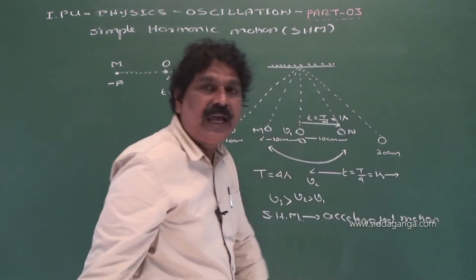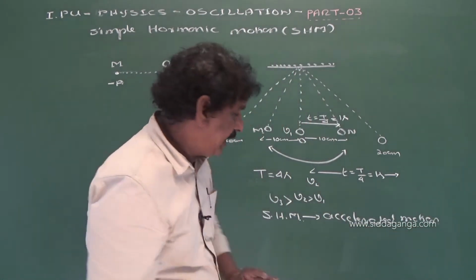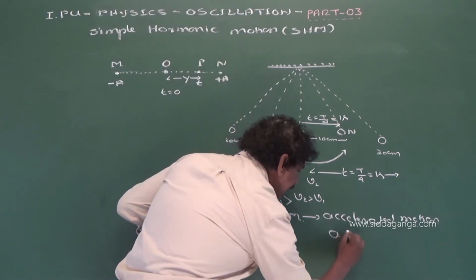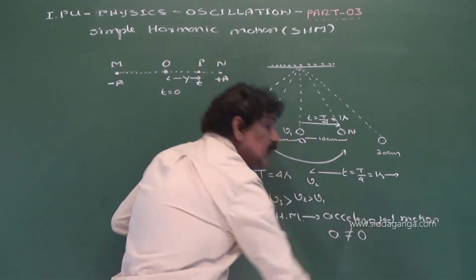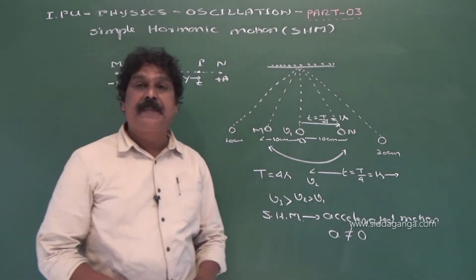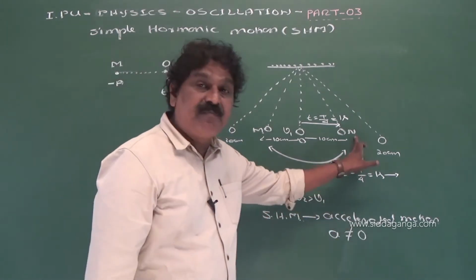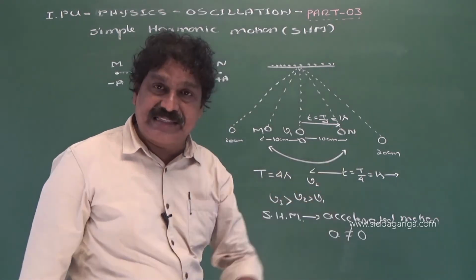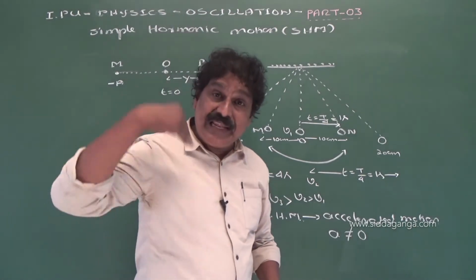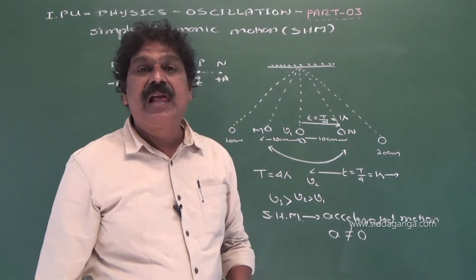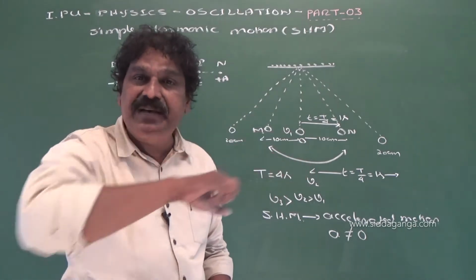It is not a uniform motion. Here acceleration is not equal to 0. That means this bob possesses an acceleration. To increase the speed, we have to increase the acceleration.